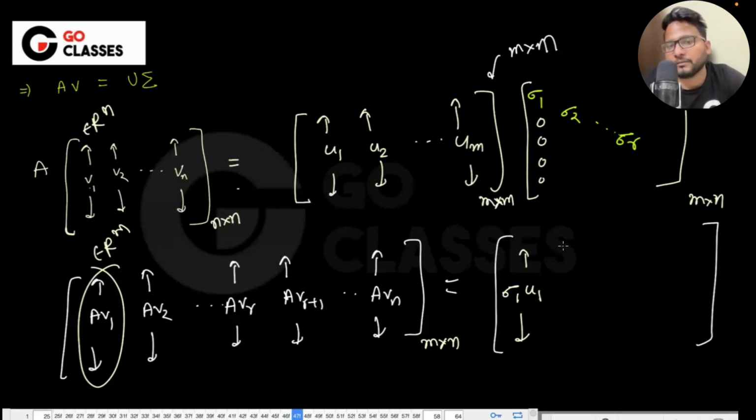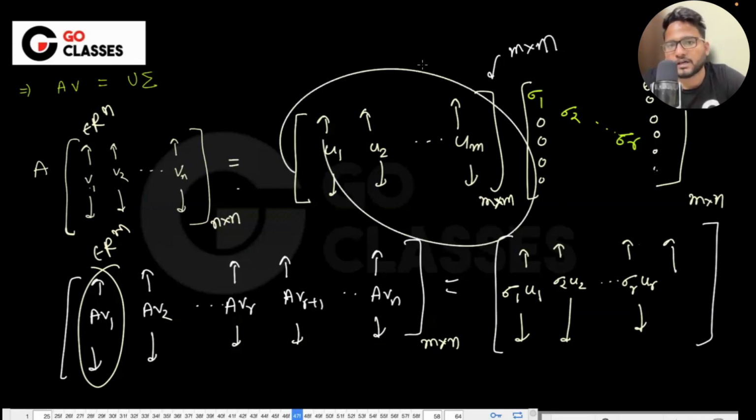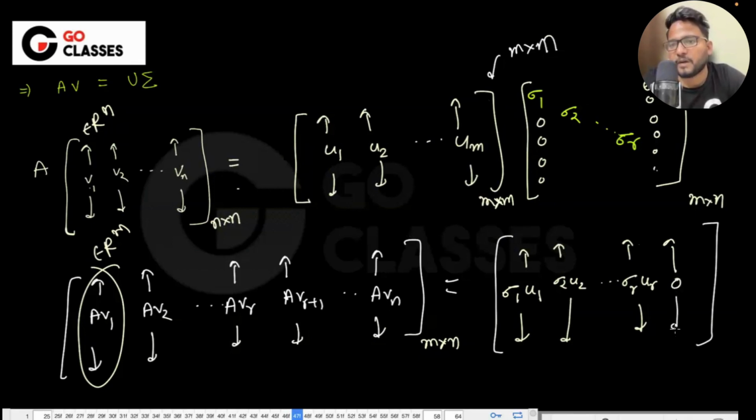What is the second vector? Sigma 2 U2, right? Till sigma R things are fine, which means if it is non-zero, then sigma R UR. But if the rest are zero, this matrix multiplied by the zero vector will anyway be zero. Till sigma R things are fine, but after that things are zero. Let me know if that is fine to everyone.